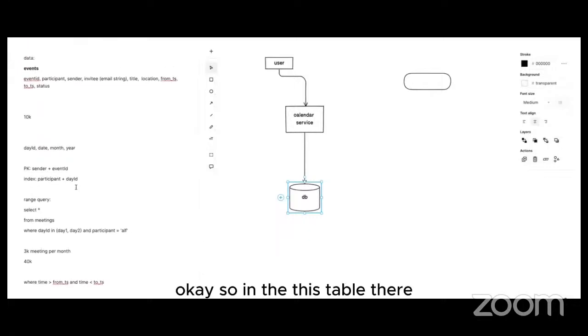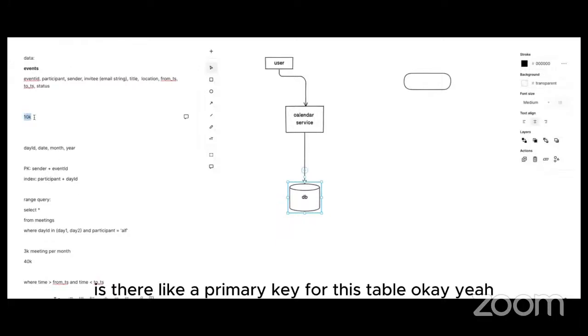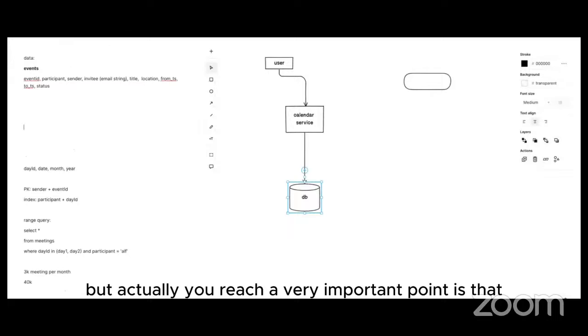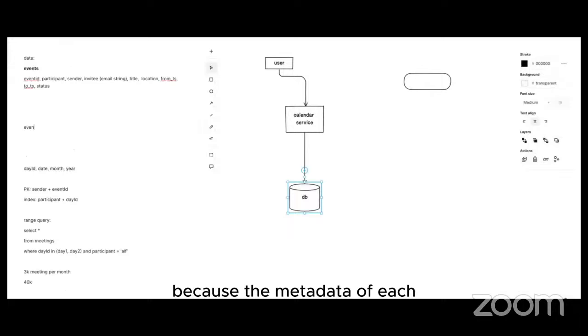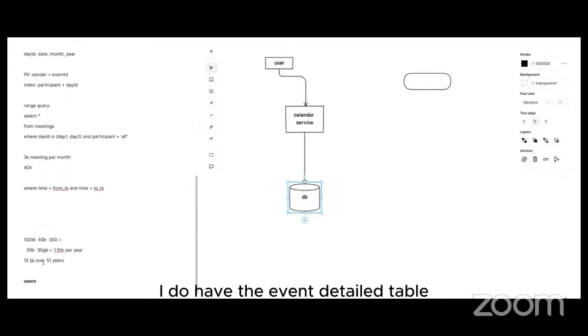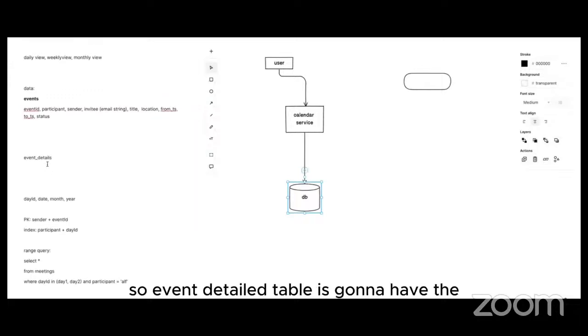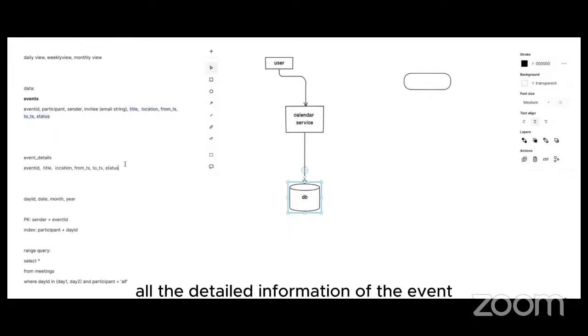So in this table, is there a primary key? Okay, yeah, but actually you raise a very important point, that we probably need to normalize this a little bit, because of the metadata of each. As I mentioned earlier, I do have the event detail table under consideration. The event detail table is going to have basically the event ID and all the detailed information of the event.